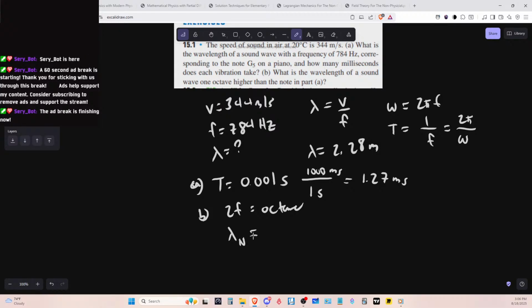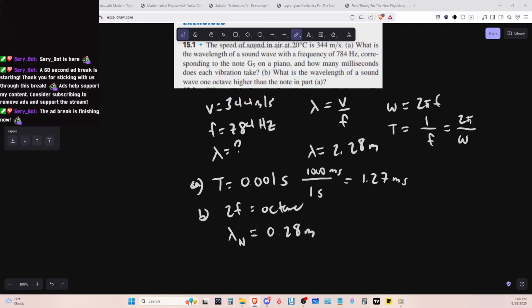At least I hope this is the right way to calculate it. And that leaves us with a wavelength of 2.1. Yeah, so it takes less time because it's less distance. What is the wavelength of the sound at the higher note? So it's reduced a lot, actually. That is if we're doing it right.